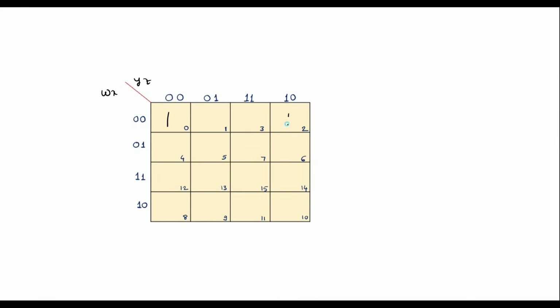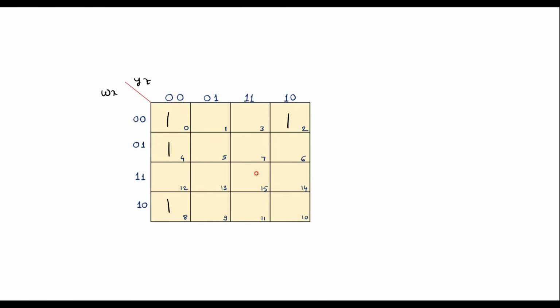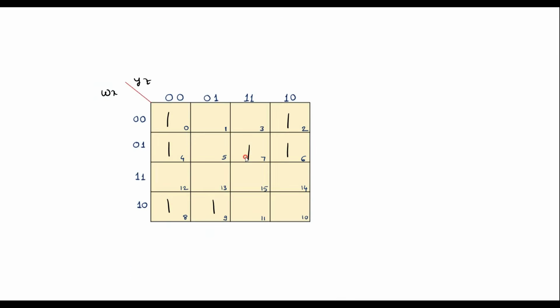Next we have 6, 9, 7. Then we have 11 and 15. We are supposed to put 0 in the remaining cells.